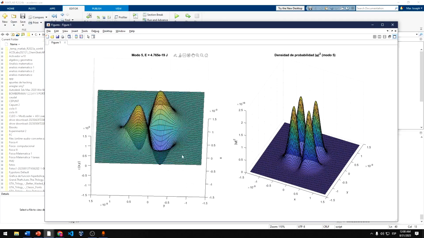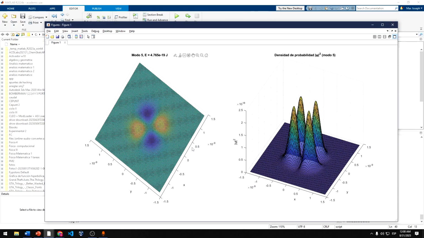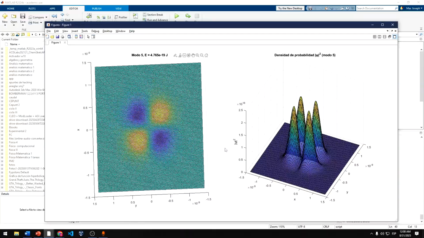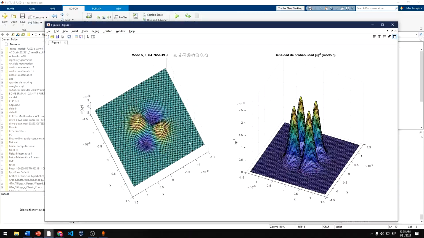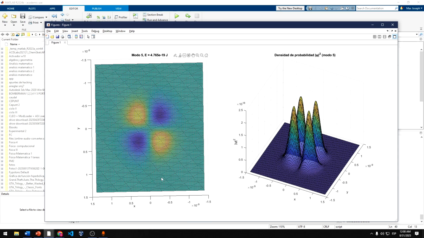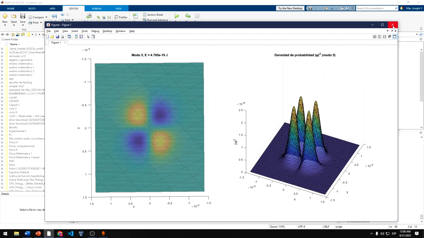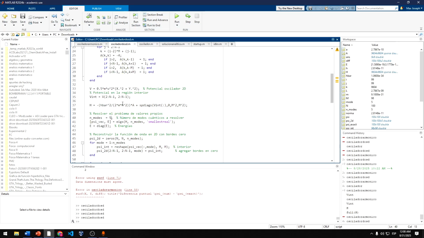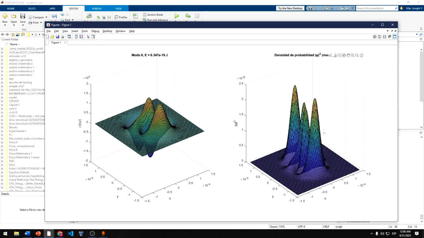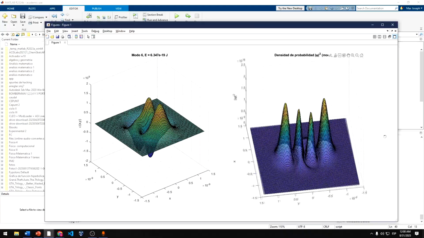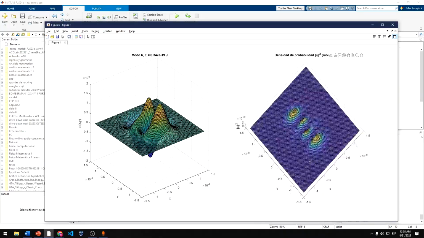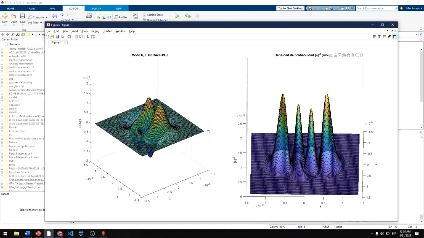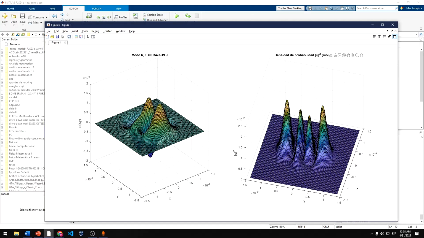Y bueno, también el método puede tener hasta incluso una limitación, una limitante de estados. De qué nivel de estados puedo generar. Mira cómo lo genera el estado en el sexto nivel.